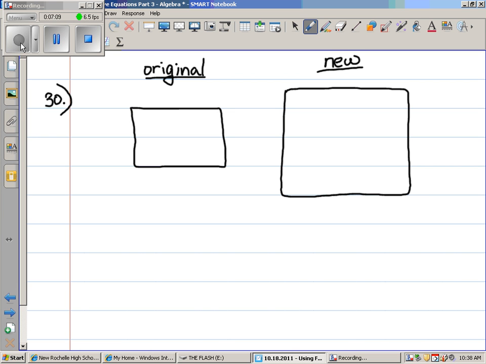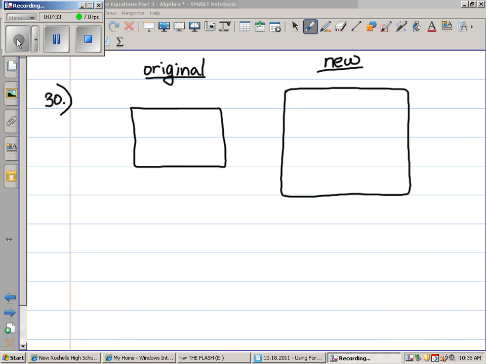The length of a rectangle exceeds its width by 4 feet. Which one's bigger, the length or the width? Come on, let's read.